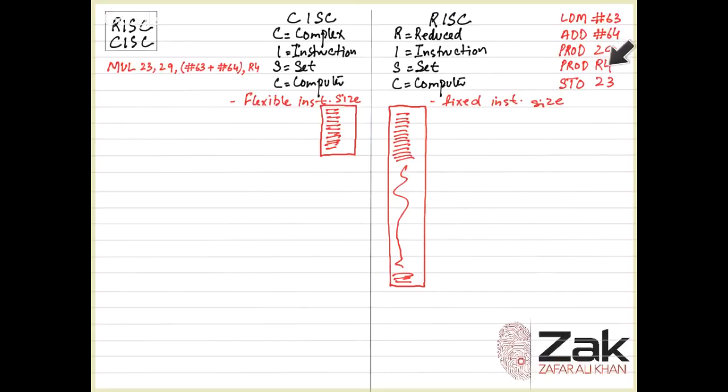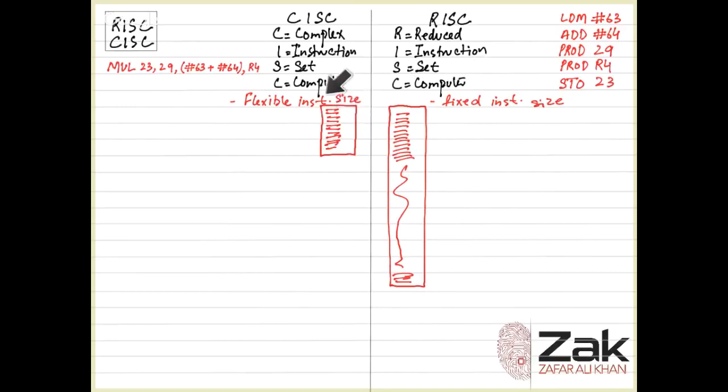Whatever the content of the register will be multiplied with the content of the accumulator, and the result will be placed in the accumulator, and then you store that to an address in memory. You write it back to memory at address 23. So how many commands are these? 1, 2, 3, 4 and 5. This is said to be reduced instruction set code, meaning you have got smaller instructions.